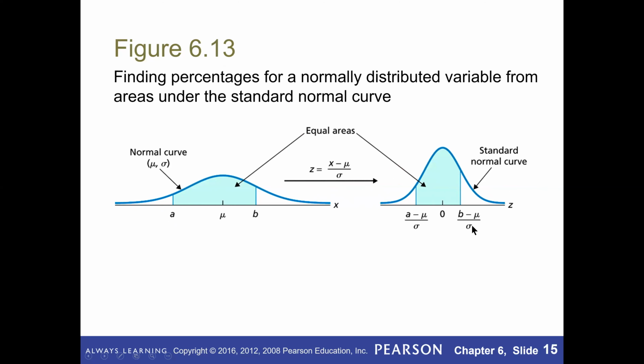You can see that if I plug A into X, it becomes A minus mu over sigma, so A corresponds to the lower bound A minus mu over sigma. The same way, if you plug in mu, mu minus mu is 0, so 0 over sigma is 0. And if you plug in B, it's B minus mu over sigma. So this interval is equal to this interval.